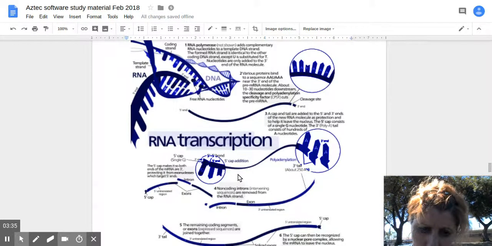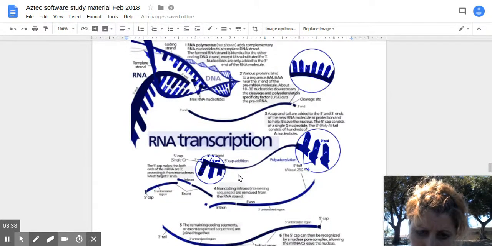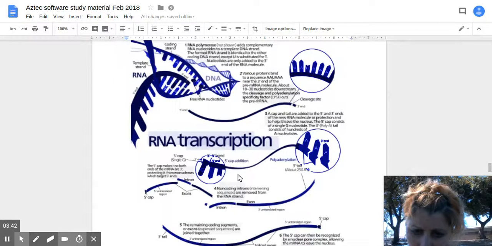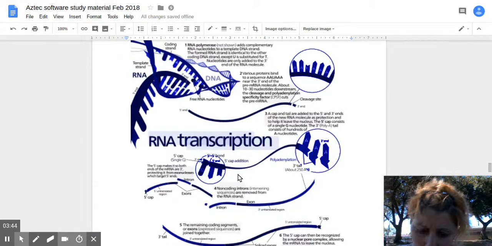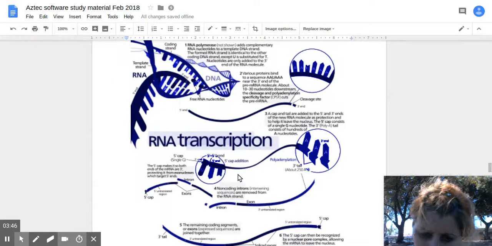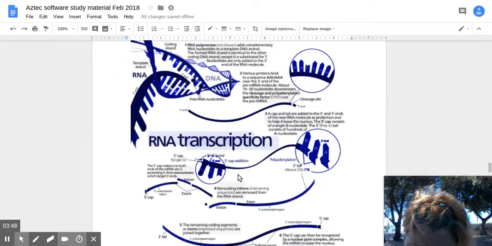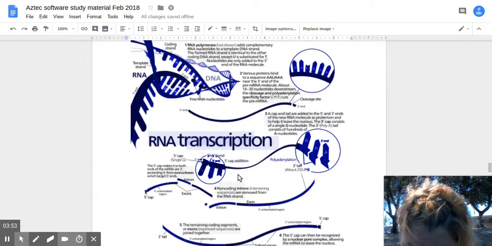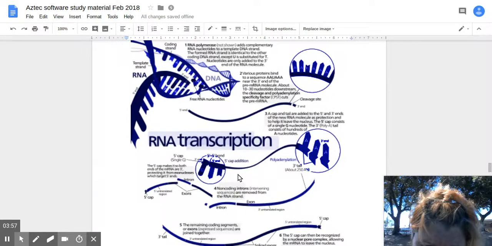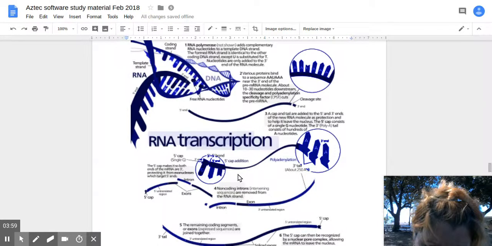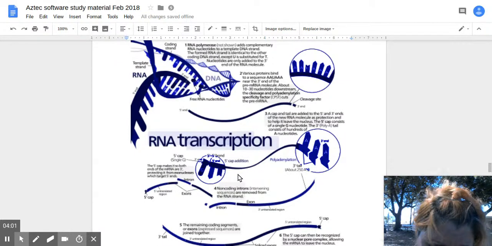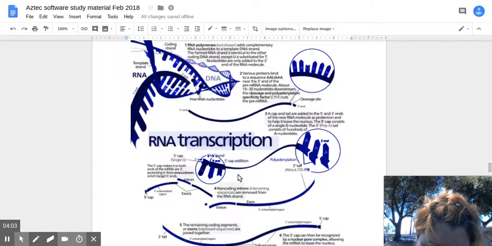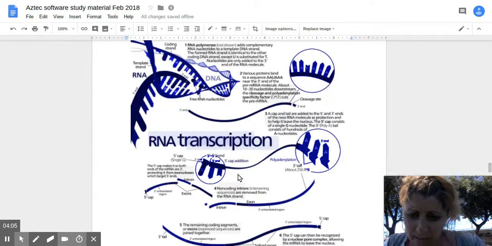Introns are non-coding intervening sequences which are removed from the RNA strand before the RNA leaves the nucleus. The remaining coding segments, the exons or expressing sequences, are joined together. The 5' cap can be recognized by a nuclear pore complex, and the mRNA leaves the nucleus.